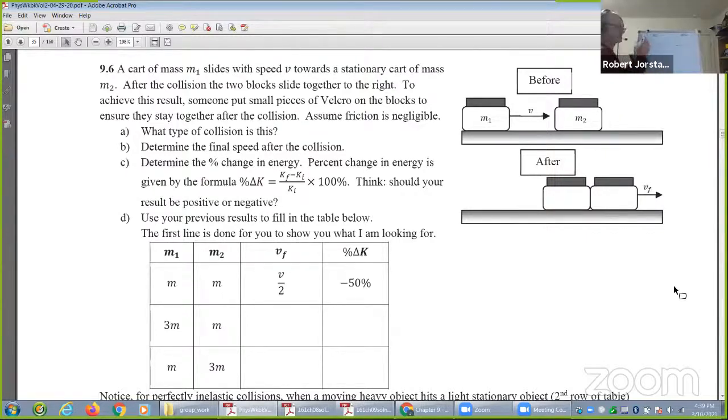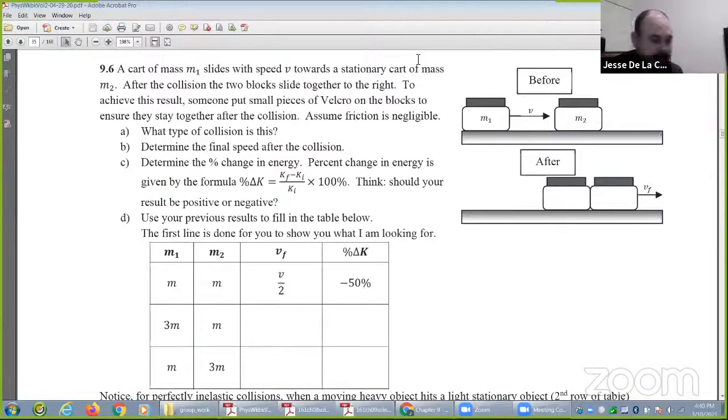I'm going to use blue for number 1 and red for number 2. Afterwards, they collide and stick together, it says, right? What type of collision is this? Perfectly inelastic, absolutely. So I'm almost ready.